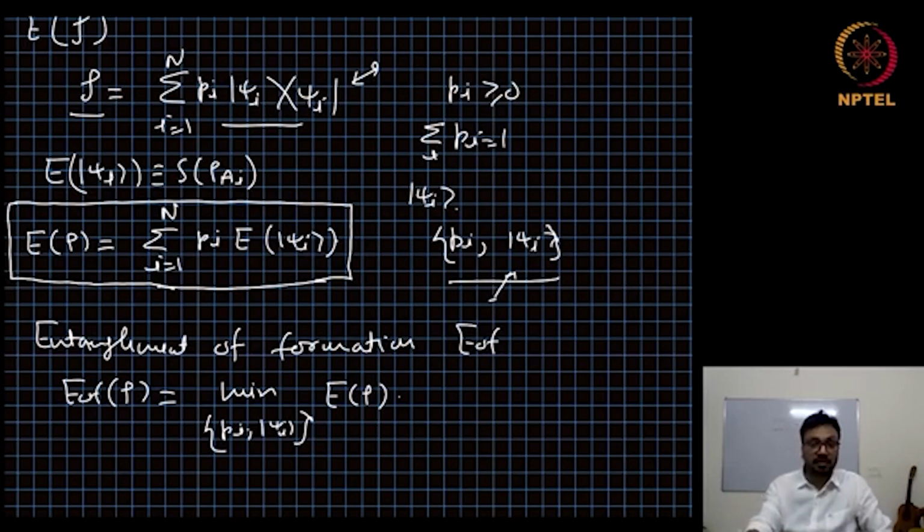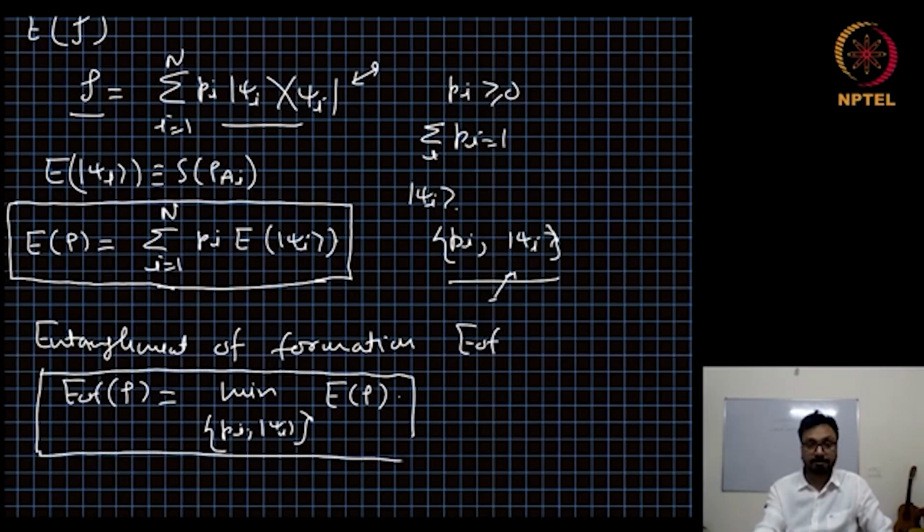So this is a definition. This will be the definition for the measure of entanglement in a density matrix rho. This is an open-ended definition. We have to try all the preparation schemes, and there are infinitely many preparation schemes, in order to arrive at the entanglement of formation, to find the minimum of the entanglement.